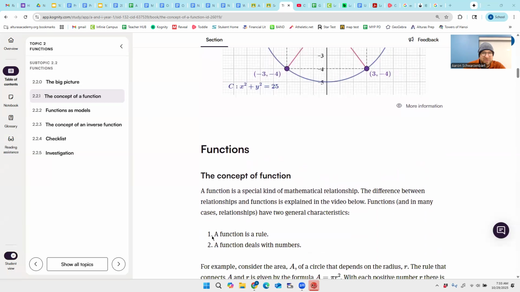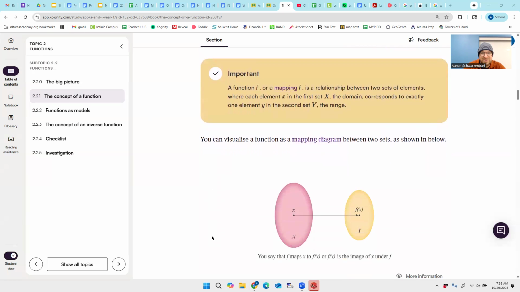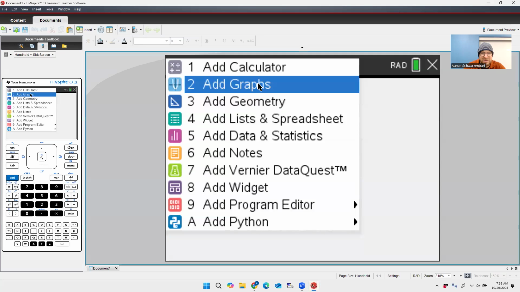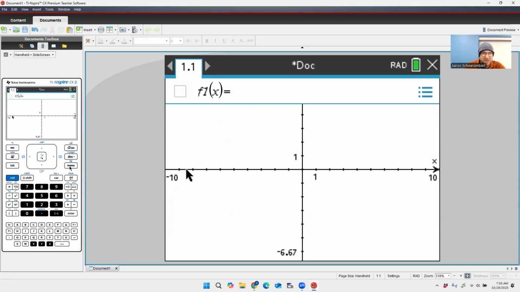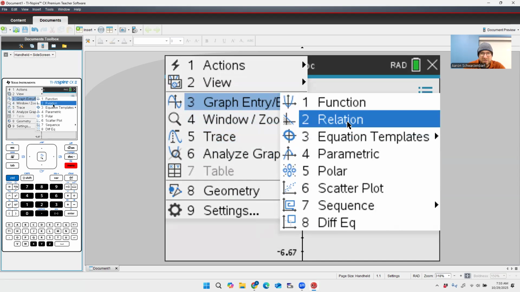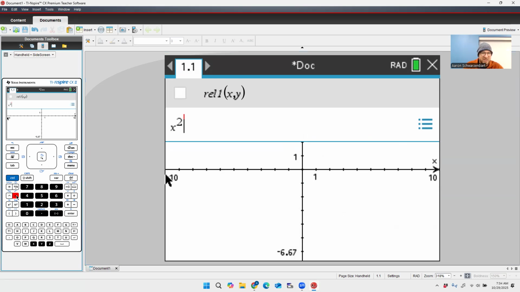With the TI-84, you have to graph both of those. With the TI-Nspire, you don't really have to. So let's show you how to graph a relation on the Nspire. I'm going to add a graph. You can do this in a scratch pad as well. So when I go to menu, graph entry edit, relation of X and Y, I can just type my relation in, just using X squared and Y squared.